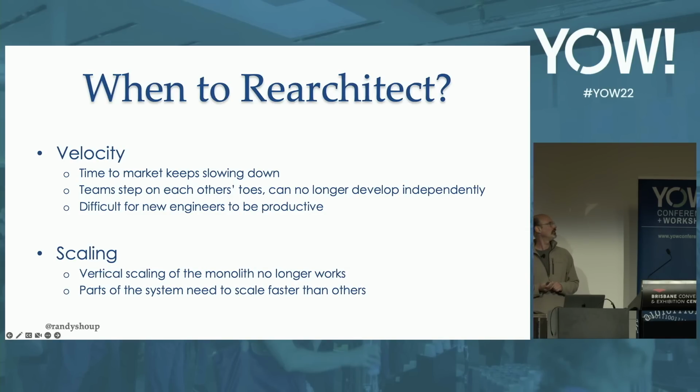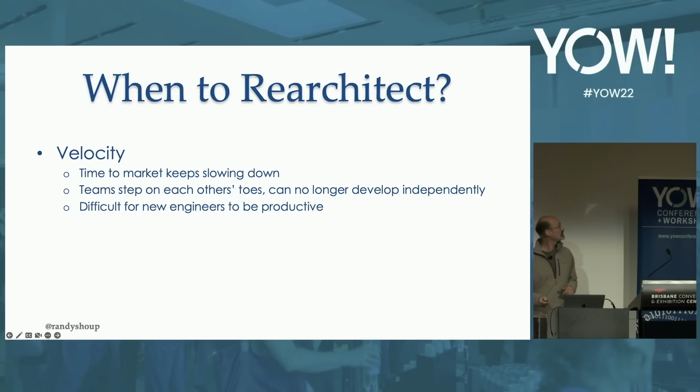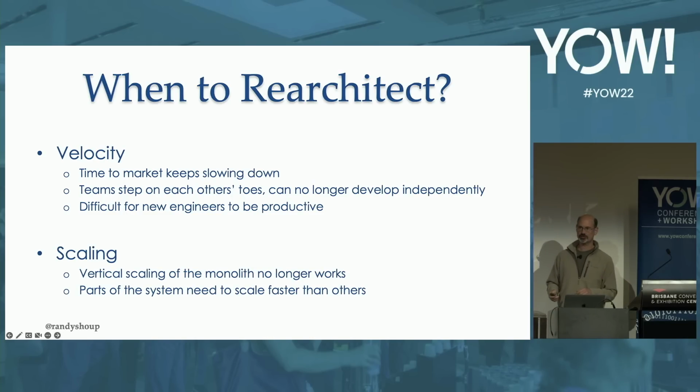The other reason that I've often seen for rearchitecture is simply scaling. When the vertical scaling of the monolith runs out of gas and no longer gives us enough to keep up with our rapidly growing site, and parts of the system need to scale faster than other parts of the system.